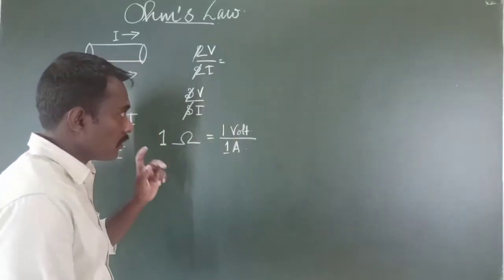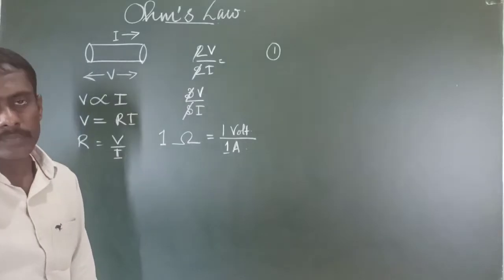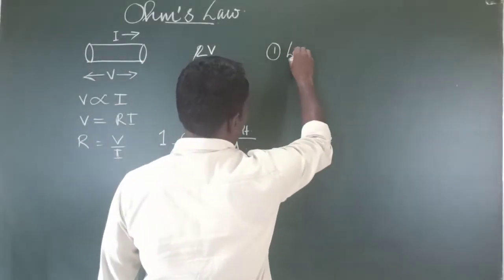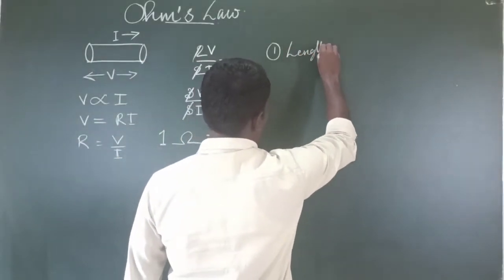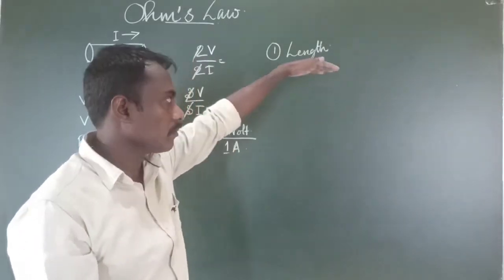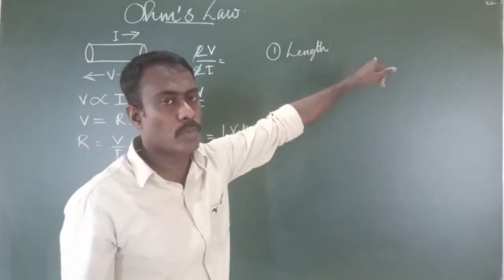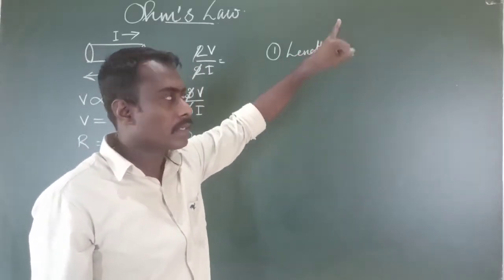So that is the first factor on which the resistance of a conductor depends, that is, the length of the conductor. When the length increases, the resistance also increases. So length is directly proportional to the resistance.